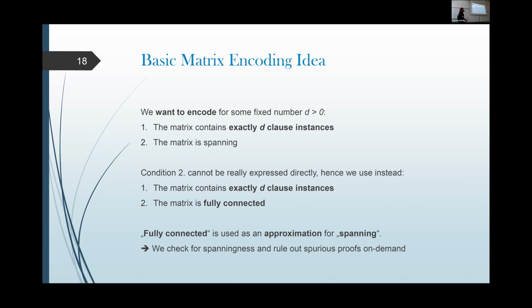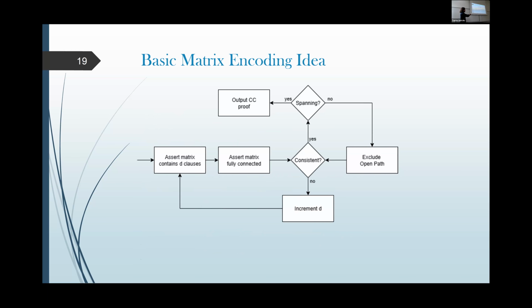It is fully connected, but it's not necessarily spanning. So here's the workflow of the solving approach. We assert there are 3 clauses to the SAT solver. We assert that the matrix is fully connected. We check for consistency of the SAT encoding. So is it possible to satisfy these 2 constraints? If it is, then we check if it's spanning. If it's not, then we go back and say, oh, there's an open path.